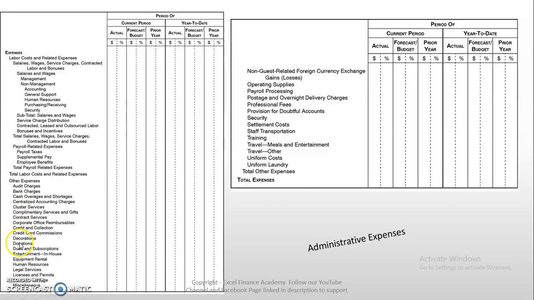And then the other expenses are here, which are audit, bank charges, donations. The individual meanings of these I will attach as definitions. You can refer to them from there, or otherwise you can take up my next courses.